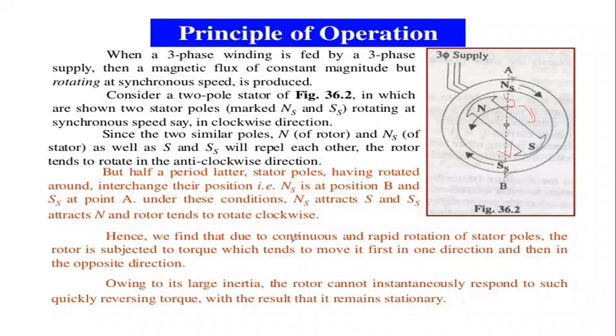Hence we find that due to the continuous and rapid rotation of the stator poles, the rotor is subjected to a torque, which tends to move it first in one direction and then in the opposite direction: first in the anti-clockwise direction and then in the clockwise direction.